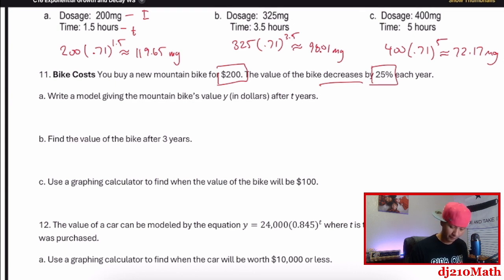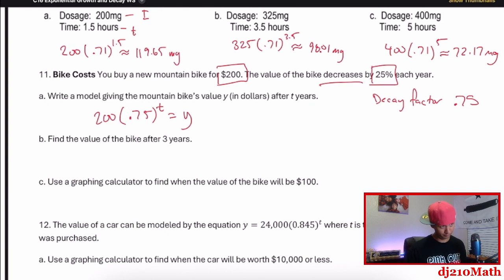So the decay factor is going to be 0.75 every year. So the model, initial amount, times 0.75 to the T is equal to Y. That's the model.